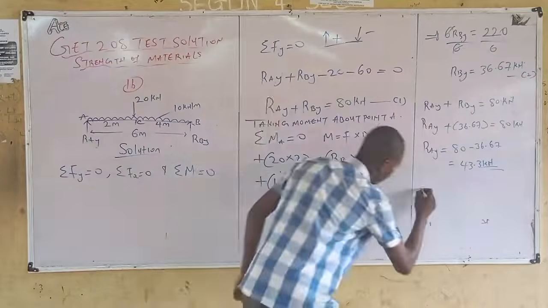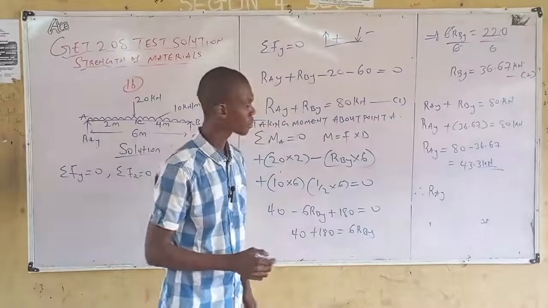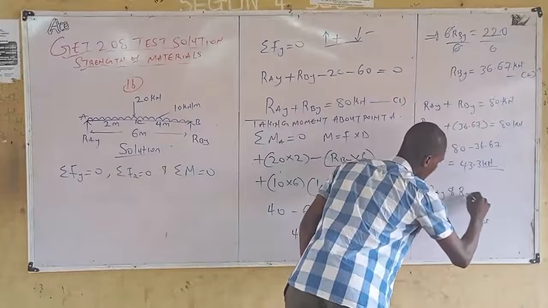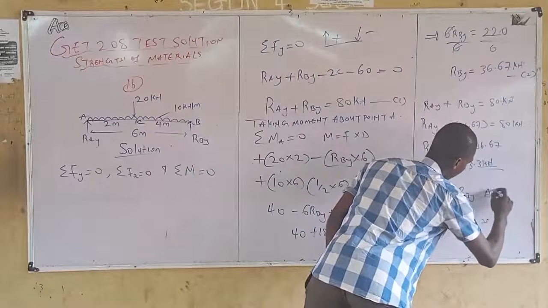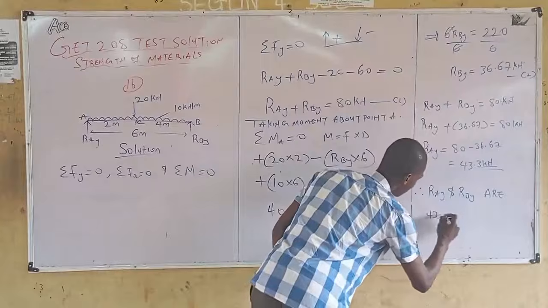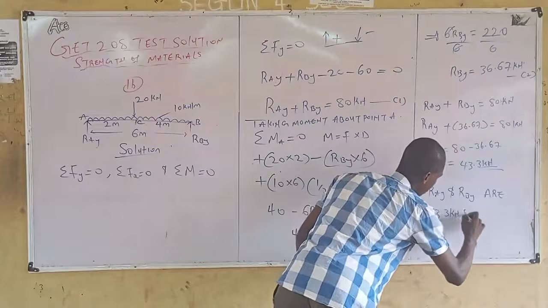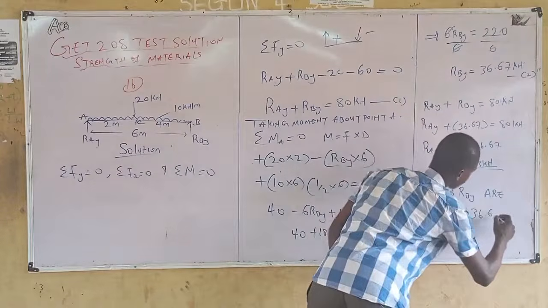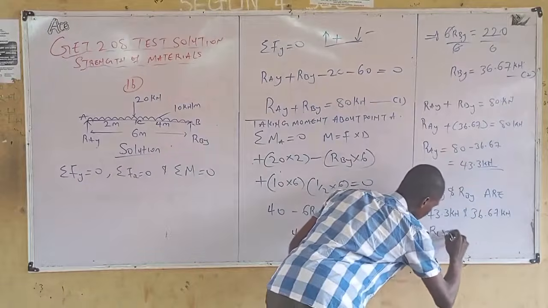So therefore, the values of the support reactions, RAY and RBY, are 43.3 kilonewton and 36.67 kilonewton respectively.